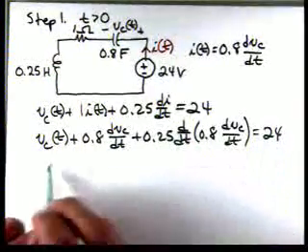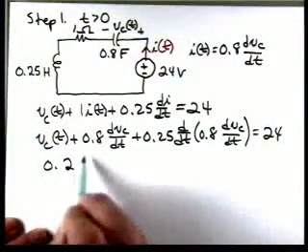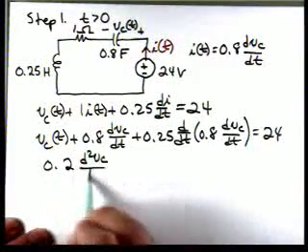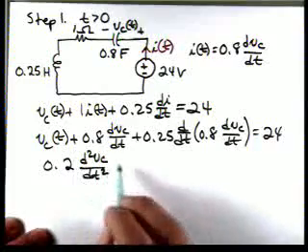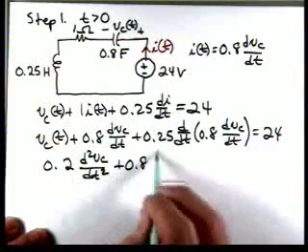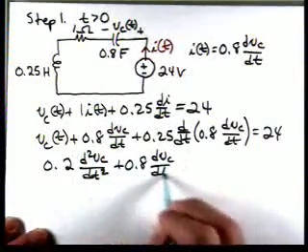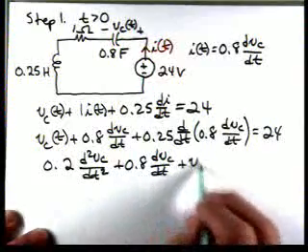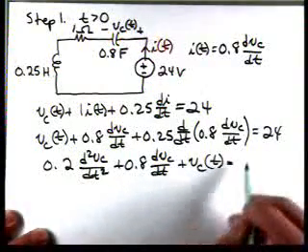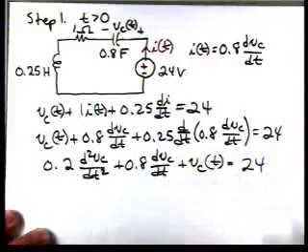And performing some of the operations here, we get 0.2 times the second derivative of the capacitor voltage with respect to time plus 0.8 dVc/dt plus Vc of t equal to 24.